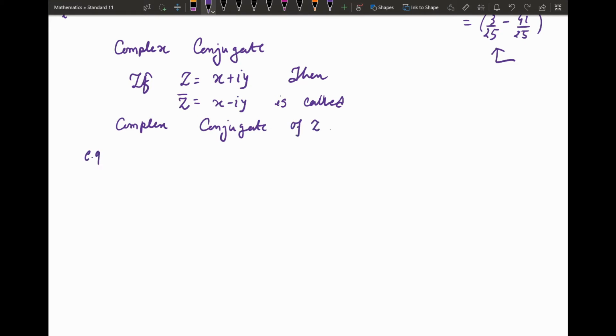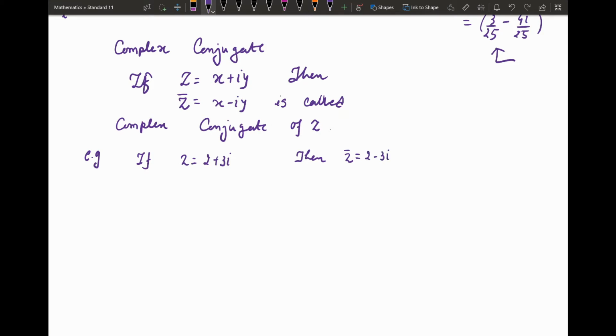As for example, if z equal to 2 plus 3i, then the complex conjugate z bar is given by 2 minus 3i.